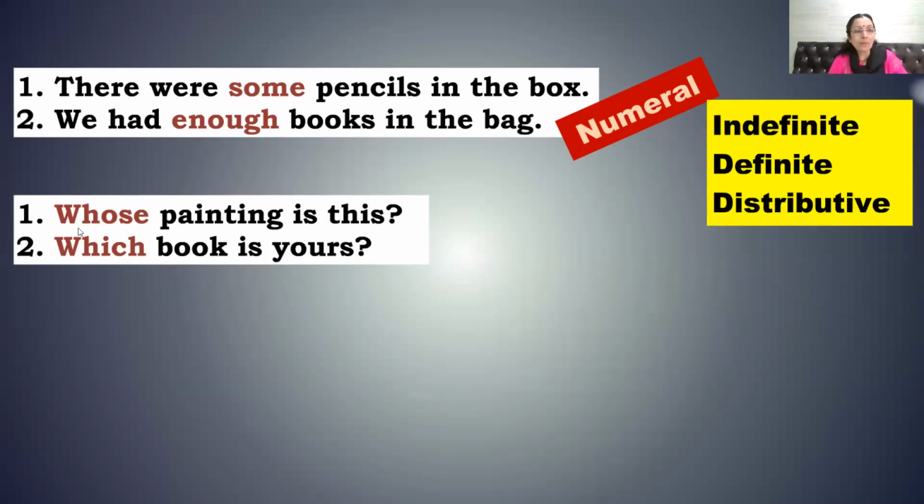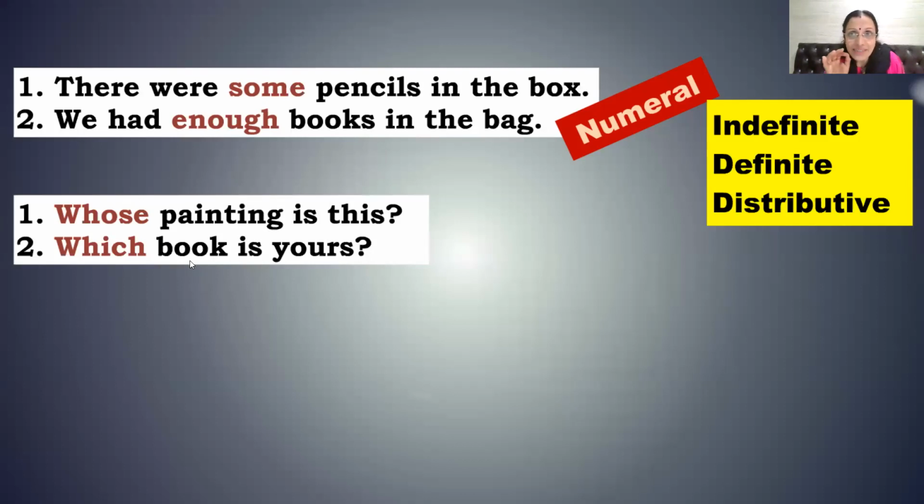What is the word coming immediately after whose? What part of speech is painting, and book? Painting is a verb? No, it's not saying I am painting. Whose painting is this? A picture. It's a common noun. So if you see here, these adjectives are followed by nouns.